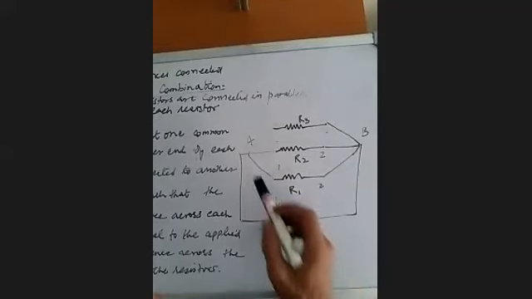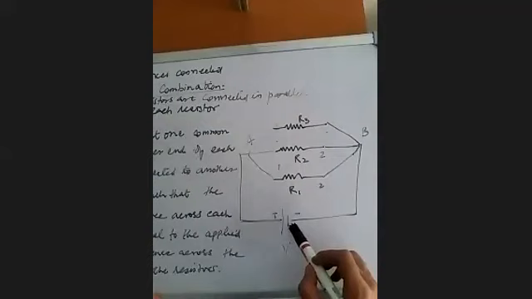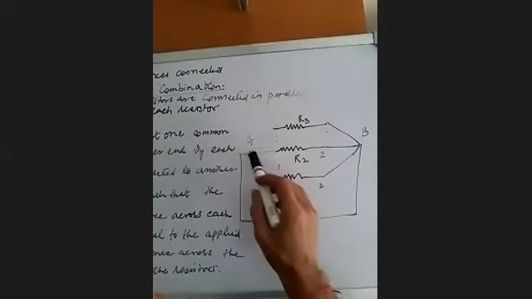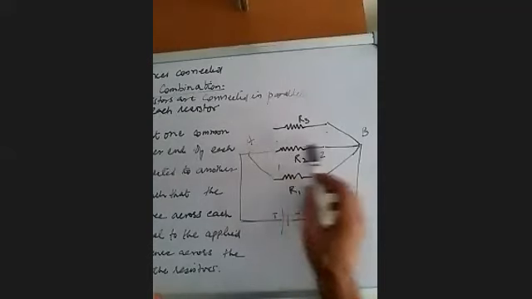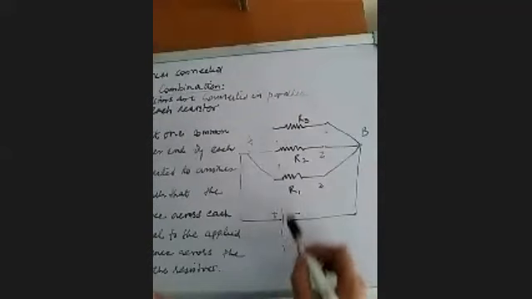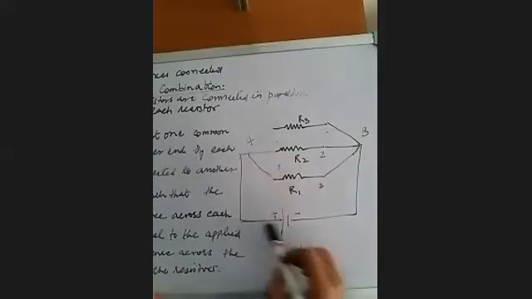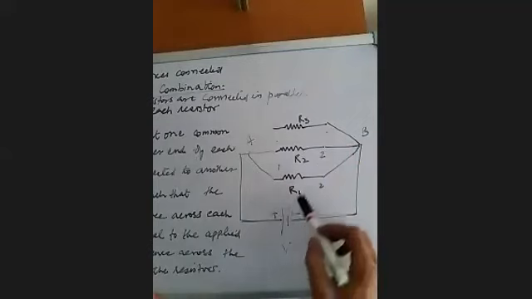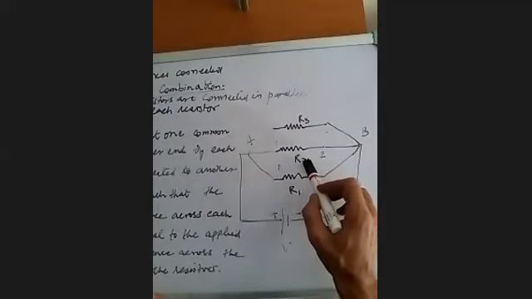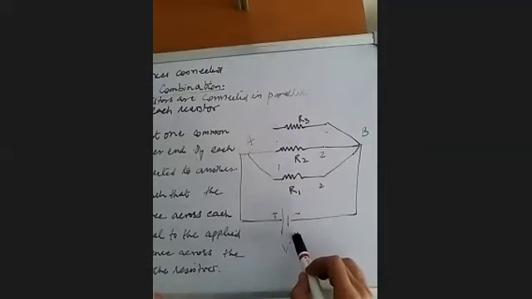Now that means this resistor is also connected across A and B, and the potential difference across A and B is V. Similarly, the second resistor is also connected across A and B, so the potential difference is the same, V. The third also is connected across these two points, and the potential difference applied is V. So that means the potential difference across R1, R2, R3, as well as the combination is the same, equal to the potential difference applied with the help of a cell of potential difference V.